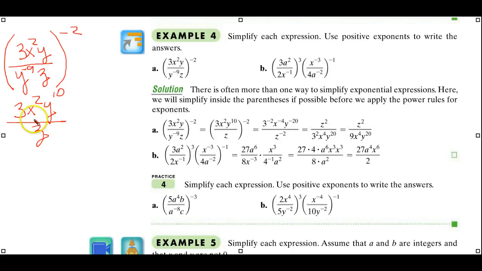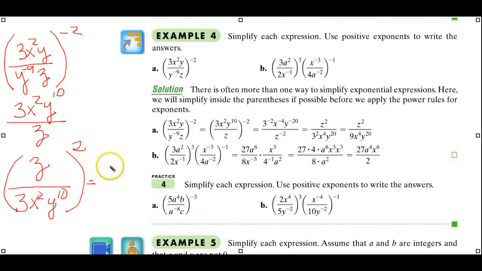Now that it's in this form, I would then flip it. I'd get z over 3x squared y to the 10th, to the 2nd power. And now that this is positive, I get c to the 2nd. 3 to the 2nd is 9.